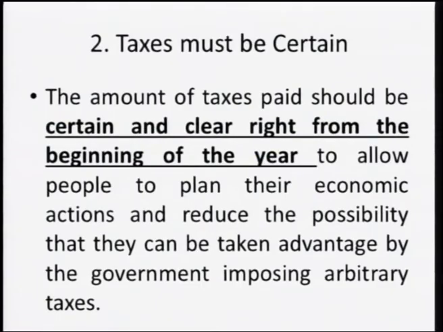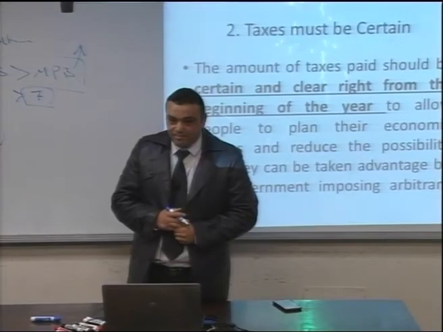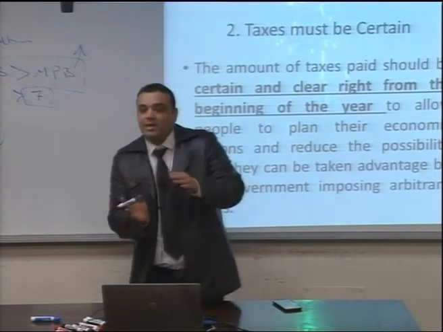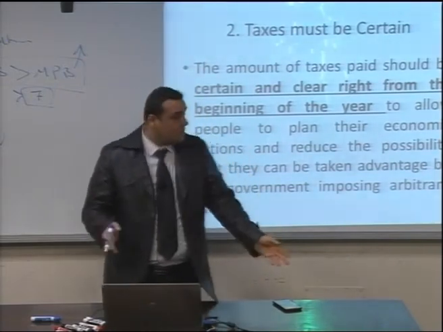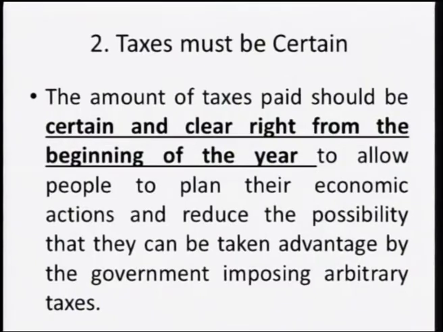Number two, taxes must be certain. What does it mean? The amount of taxes paid should be certain and clear right from the beginning of the year. It shouldn't be that at the end of the year someone tells you that you owe 1, 2, 3 and you don't understand anything. Okay? It is clear from the start of the year what you have to pay. This means to allow people to plan their economic actions.